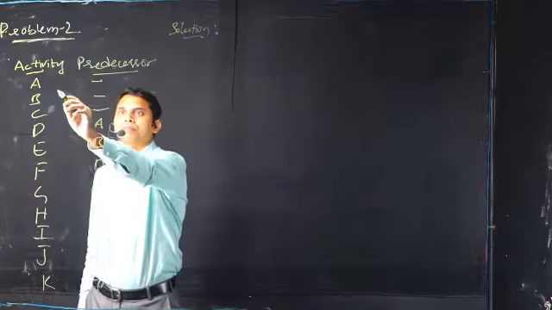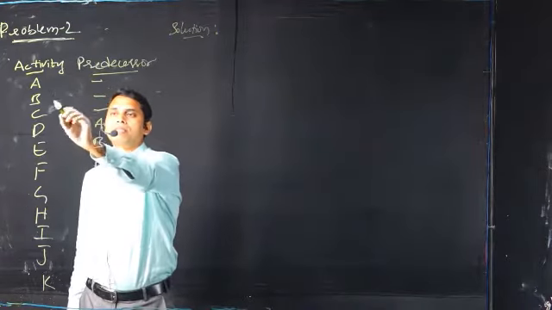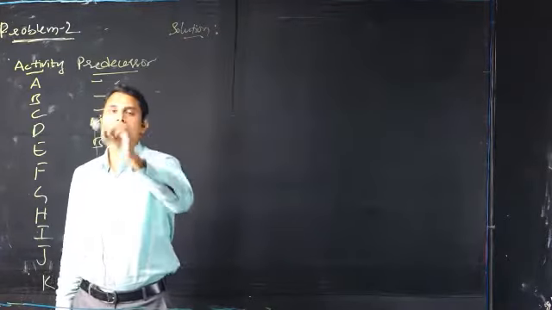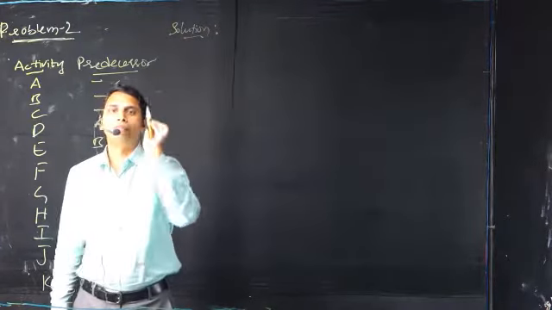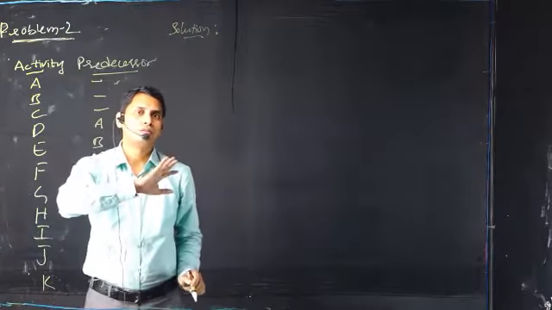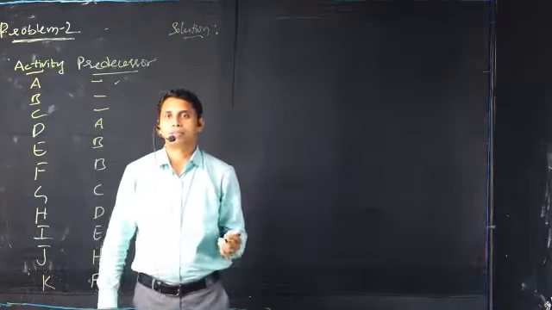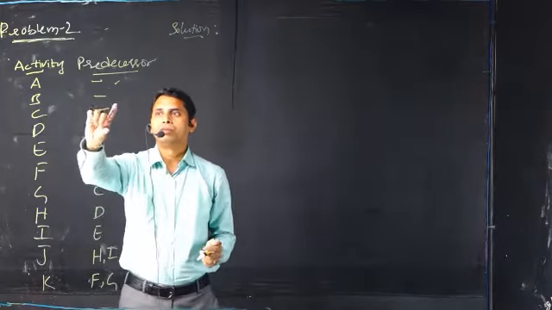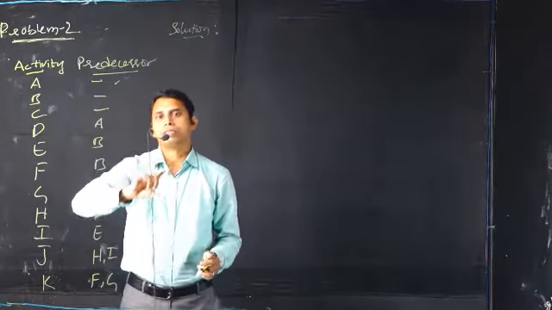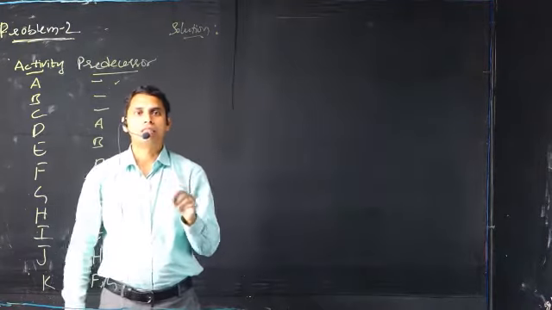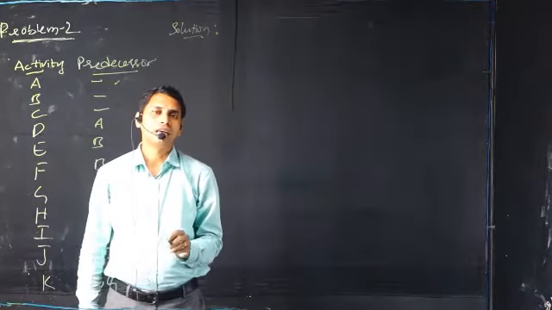Now in the problem you will see there is no predecessor for A, no predecessor for B, and for C also no predecessor. So what can we understand from this? No predecessors for A, B, C. What does it imply? A, B, C are all three initiating activities.